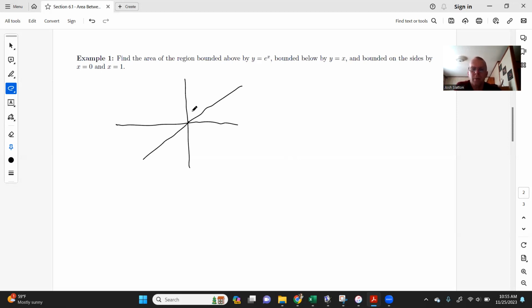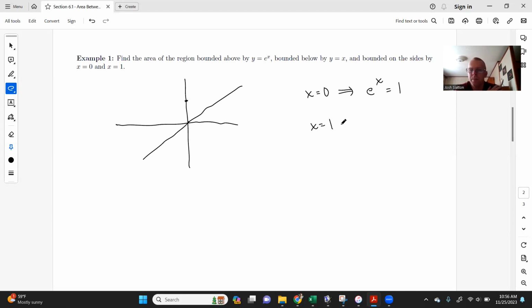Now, how do you know where e to the x might intersect, if it does at all? Maybe it doesn't. Well, we don't really have to know that in this case, because we know that if x equals 0, then e to the x would just be 1. So our y-intercept for e to the x is going to be 1.